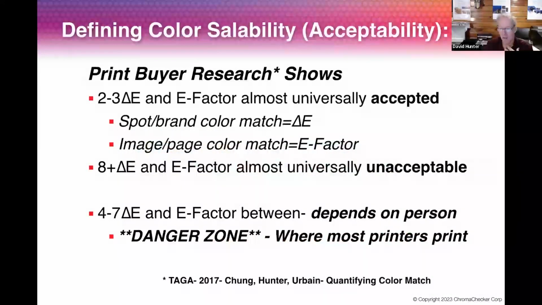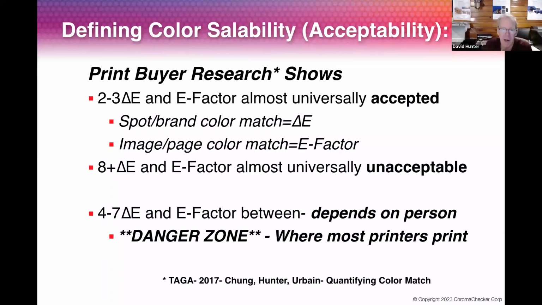And when we did scientific research with print buyers, we took over 200 print buyers, and we found that between a 2 and 3 E factor is almost universally accepted in terms of being close enough. 8 or more is almost universally unacceptable by the print buyers.